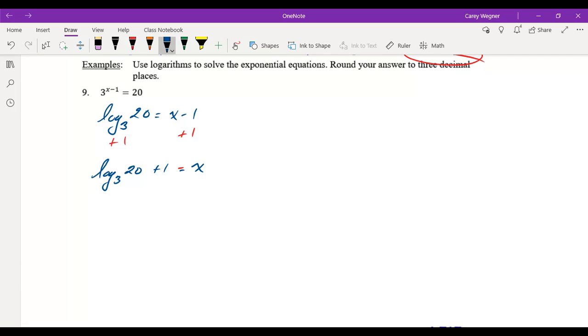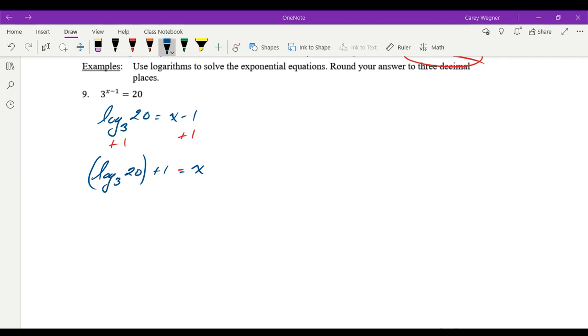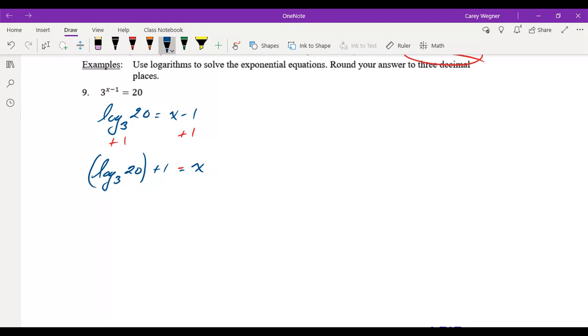So if I wanted to be super precise in what I'm writing here, I could put brackets around that log base 3 of 20. It doesn't have to be there, but for some of us that may help us to be a little bit more careful, making sure that we don't make the mistake of adding the 20 plus the 1. Now for this question, we were asked to round our answer to 3 decimal places.